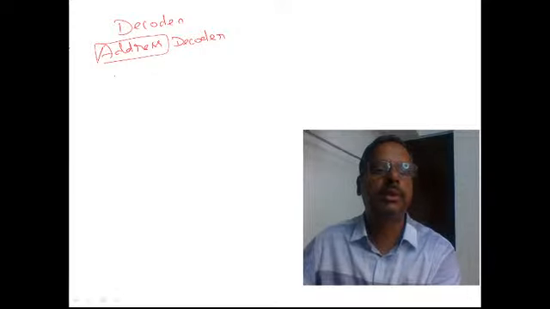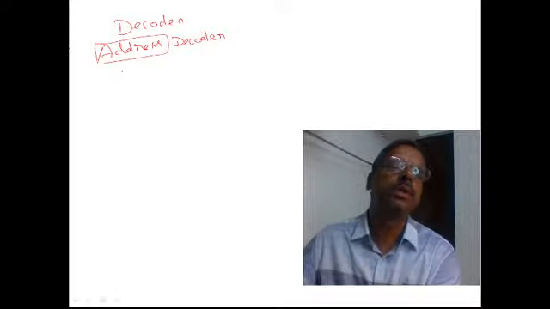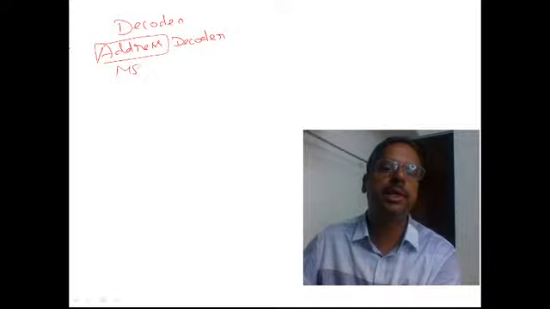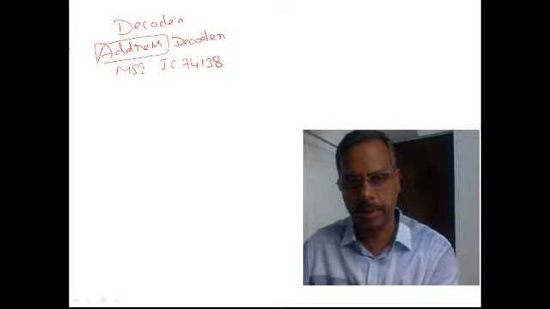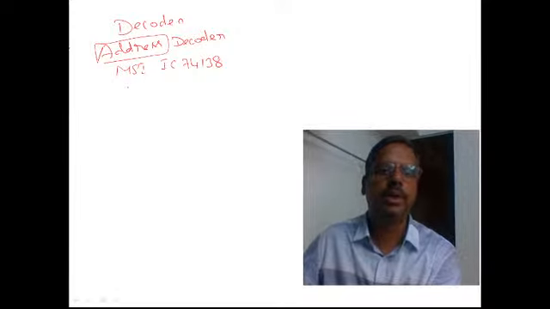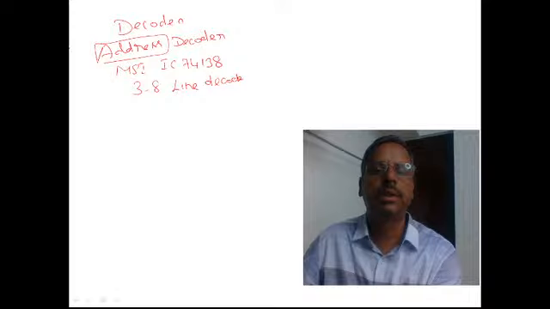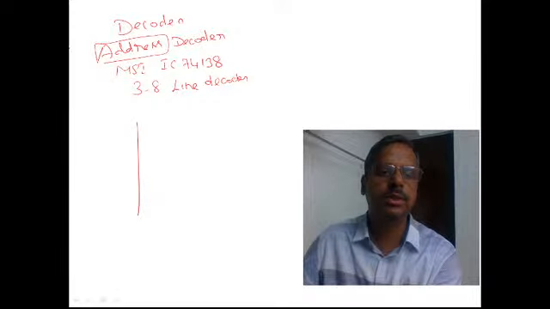So it is very common in microprocessors that there is an MSI, medium scale integration, IC 74138, which is very popularly used in all the microprocessor systems. This is basically a 3 to 8 line decoder, right? So the symbol could be drawn like this.